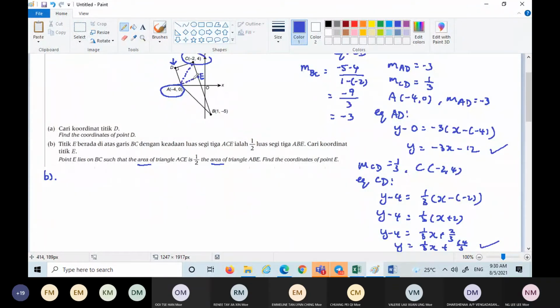ACE. And then the other triangle is ABE. So they say that this is half of this. If you are using the area of a triangle formula, the one with the modulus, and you fill out the coordinates of the points, you will have a very long working.